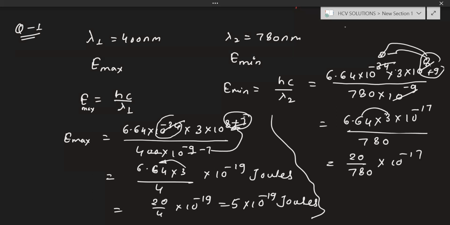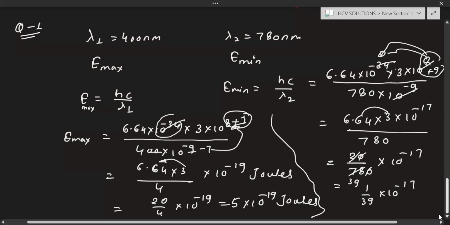So almost this 0 is cancelled, so here double 0. If you calculate this, you will find almost 2 point, 2 ones are 1, 3 nines are 9, so 1 by 39 into 10 to power minus 17.